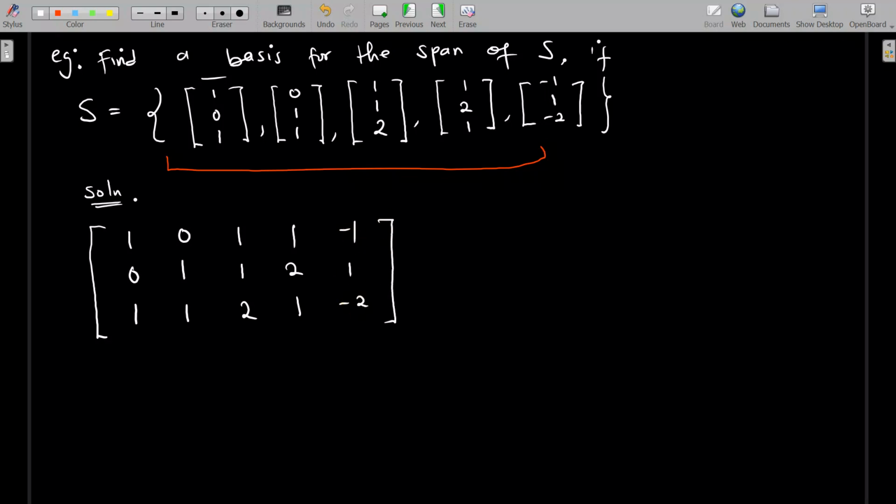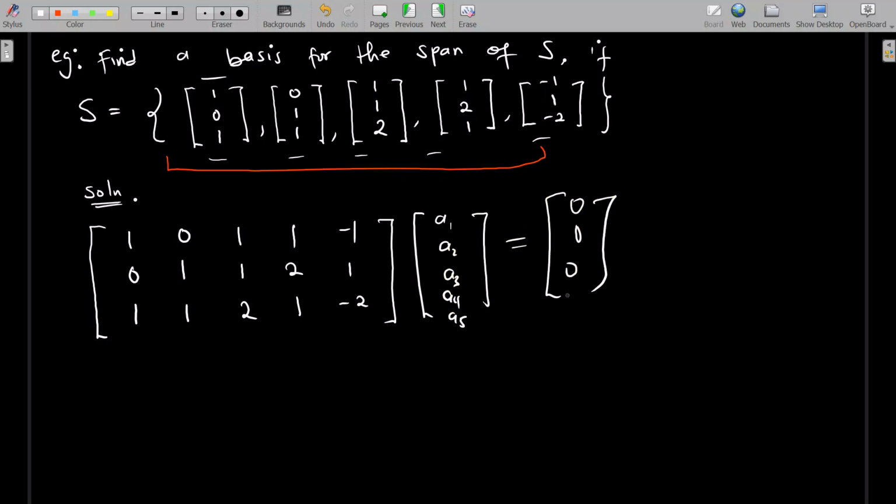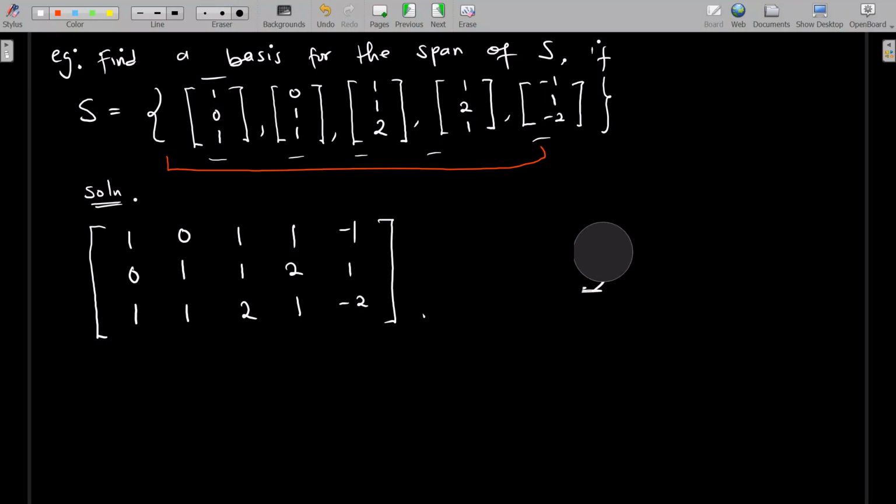Then what you're going to do in this case is that you're going to have some scalars, maybe a1, a2, a3, a4, a5, and a1, a2, a3, a4, a5 should give you the 0 vector, right? And since the elements you have here are just 0 0, you can choose not to bring all these and then try to row reduce what you have in here.